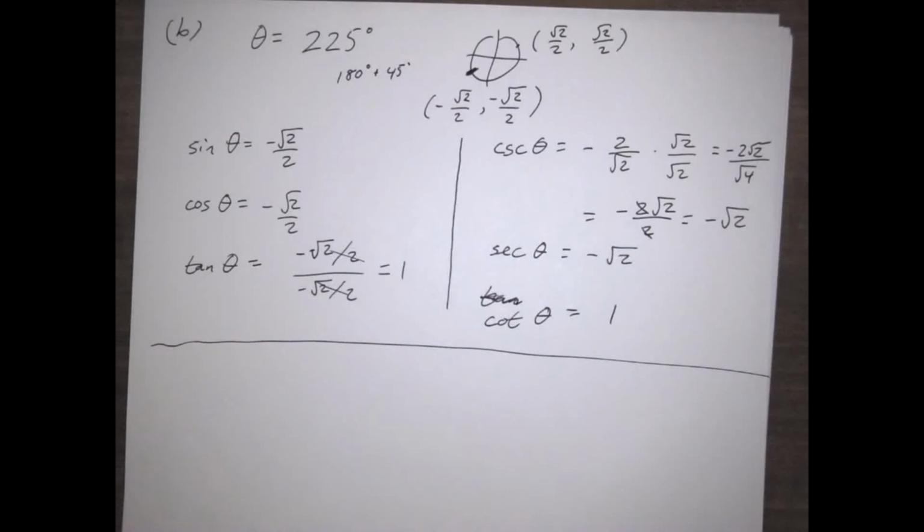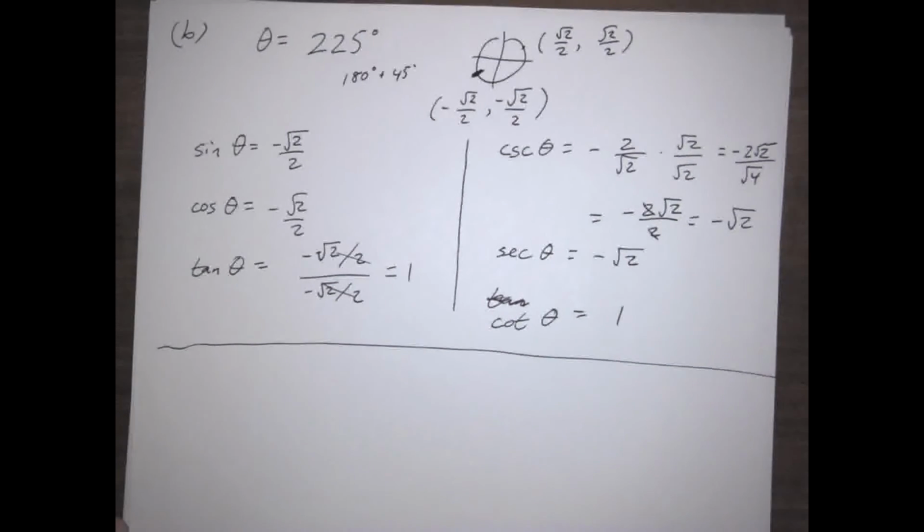So what we've got here is one of the 45-degree family of values, and it was in quadrant 3 instead of being in quadrant 1.